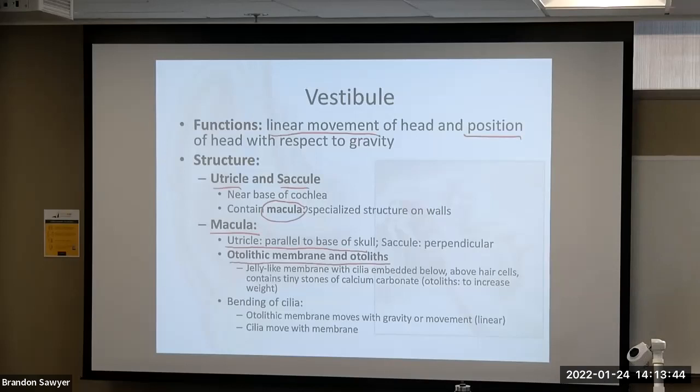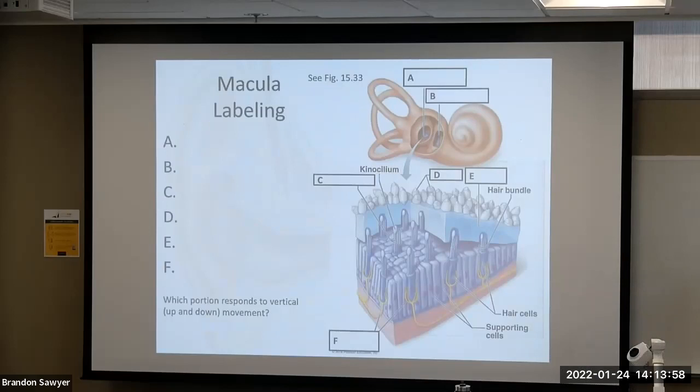The way we bend the cilia with this structure: if we're talking about the utricle, the one that's parallel to the base of the skull, it's sitting up like this. It's got the little rocks on top embedded in the membrane, and you can see those here. When you start moving forward, gravity pulls those rocks backwards. The little rocks give that membrane enough weight to go backwards when you go forwards, and that bends the cilia.